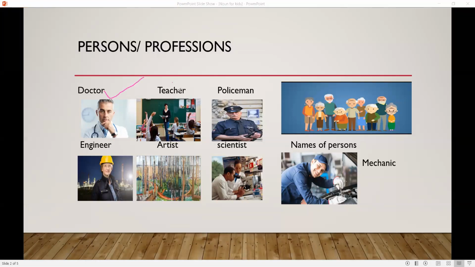So nouns, these are the names: teacher, policeman, engineer, artist, scientist, mechanics, and every profession beside these, which I have enumerated here. These are the people, persons. Everyone has a name. So names of persons or professions are nouns.